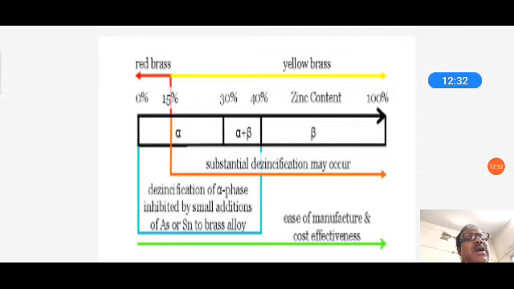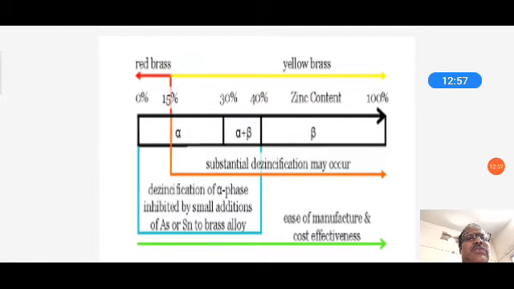Tin and arsenic help inhibit dezincification because the porous copper becomes non-adherent and there is no chance to penetrate, and it also keeps manufacturing cost effective.